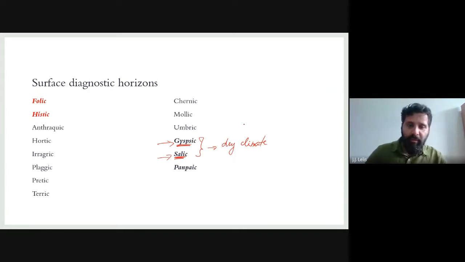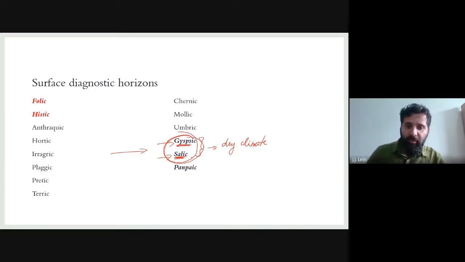So the quantity of water that's lost by evapotranspiration is higher than the quantity of water that falls down by precipitation. And this favors the concentration of salts in the surface or in the subsurface horizons, okay? And they form these two specific diagnostic horizons.